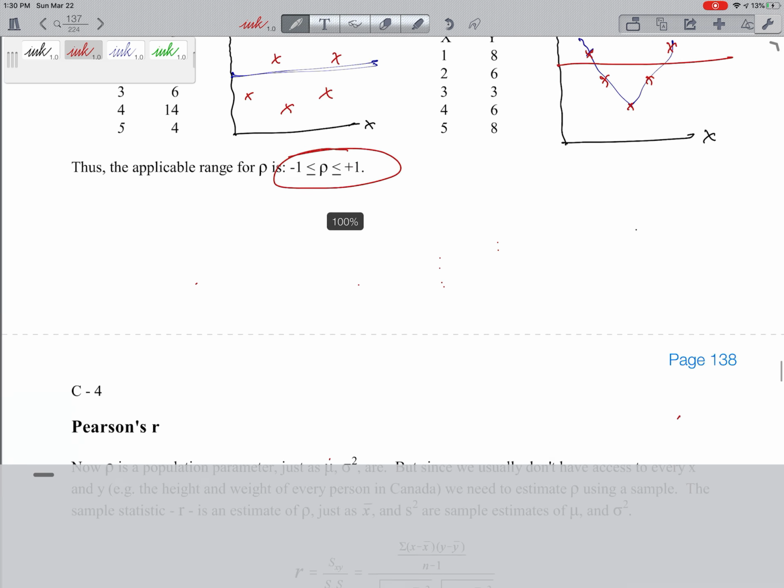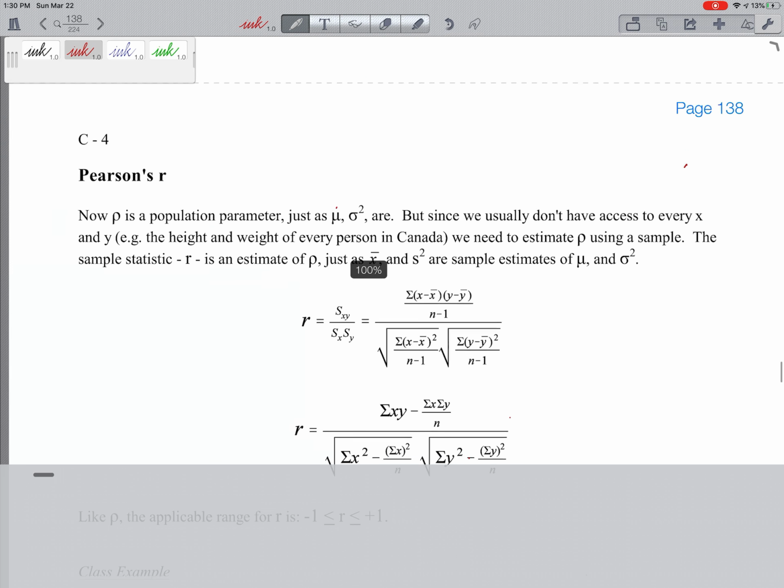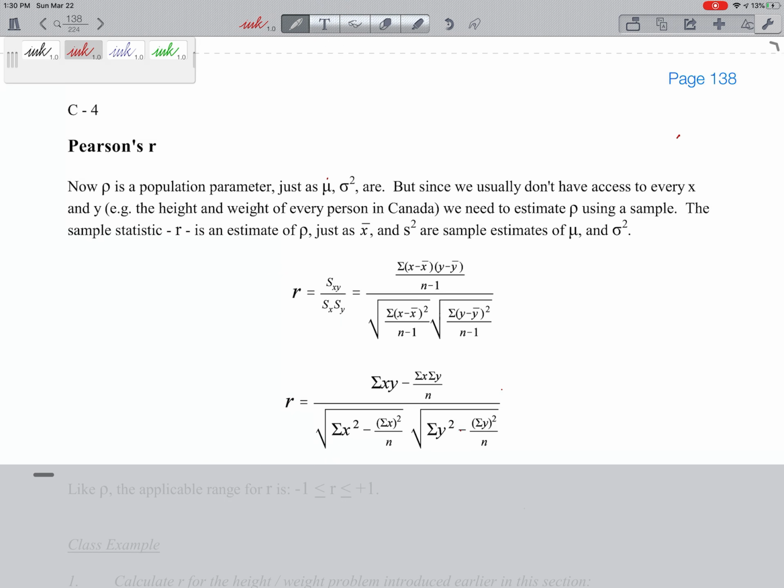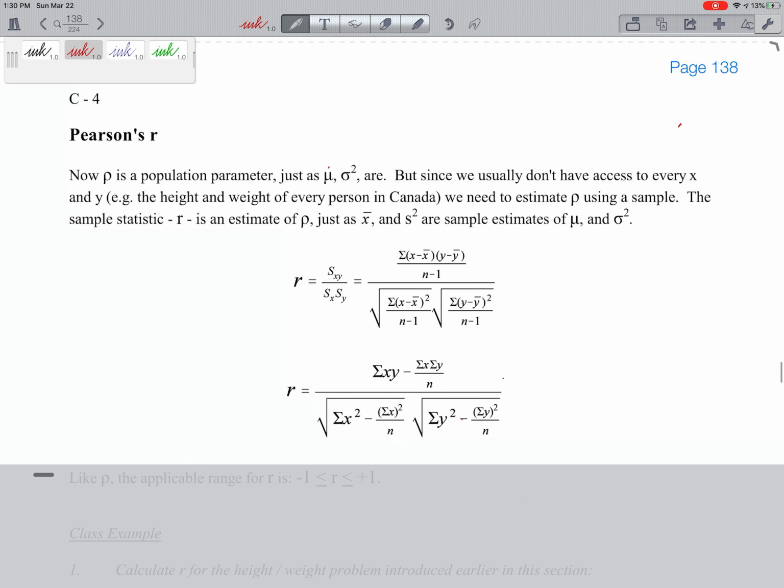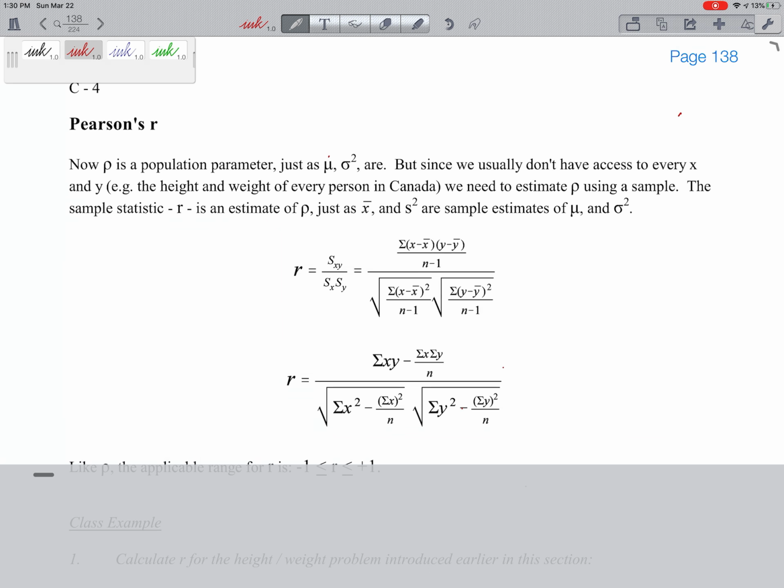Okay, let's end this off on page C4 by working through the example that we had here. Now the problem is, of course, that we don't have access to the whole population, and so we have to take a sample.